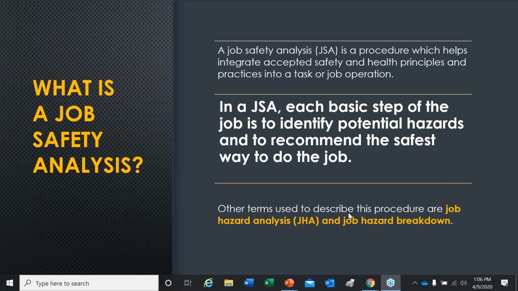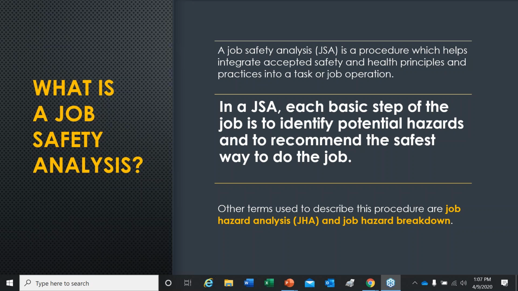The first question would be what is a job safety analysis? With the job safety analysis, it is a procedure that helps integrate accepted safety and health principles. That's the definition that they have. What I wanted to help you with today is to get all the basic steps that are out there and how you would go through the process to get that JHA completed so that you have the safest jobs for your employees.